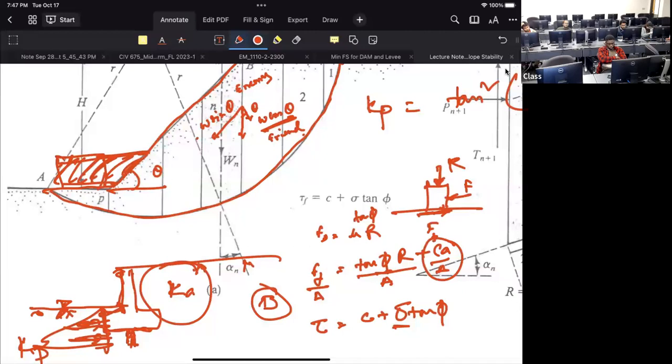Perpendicular to the surface. Because if you're sleeping like this, your R is always perpendicular to that surface because it's coming from the friction field. Got it?